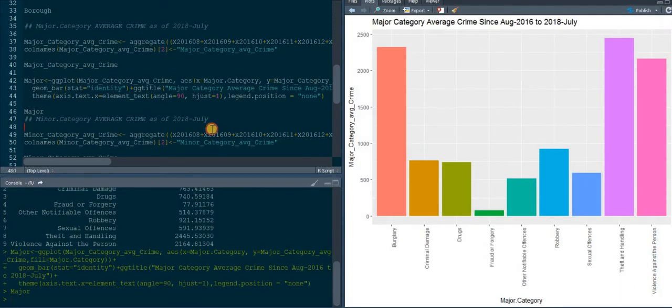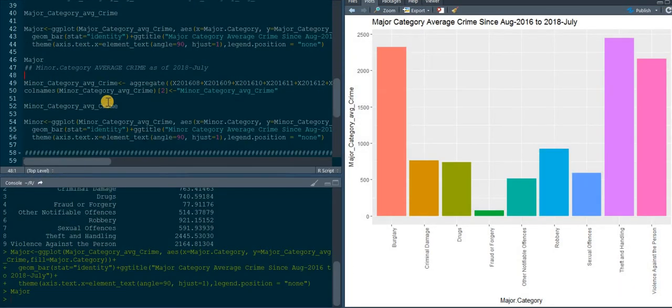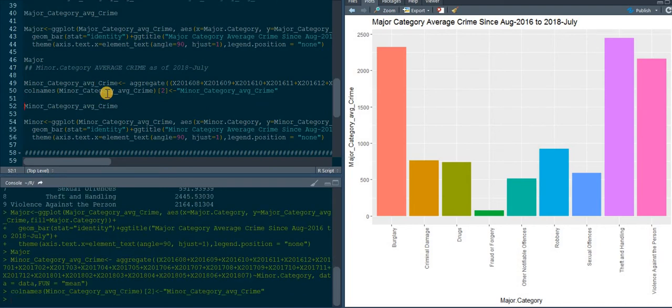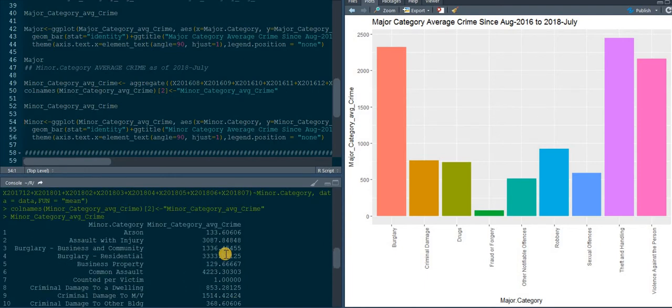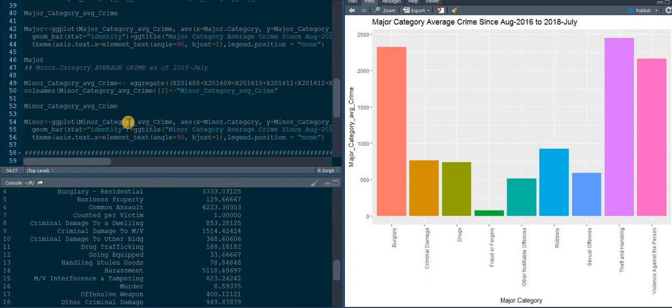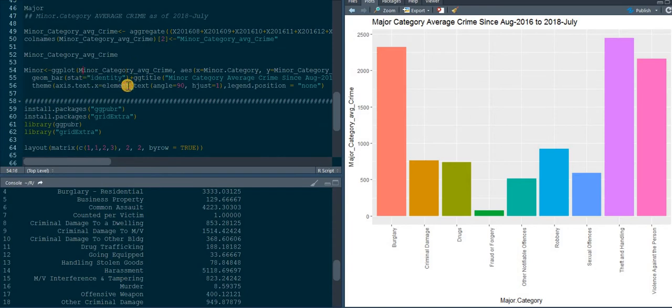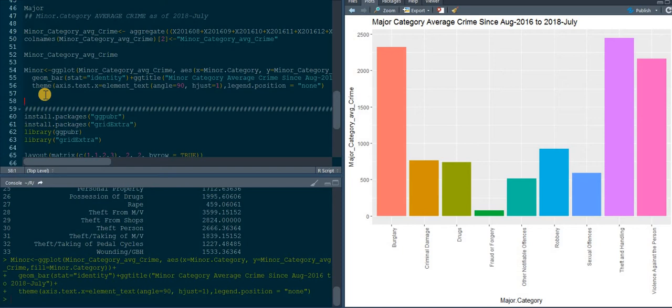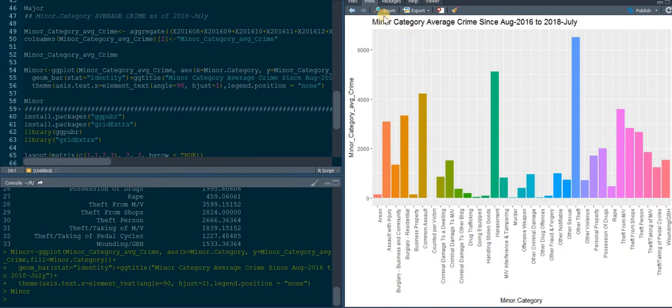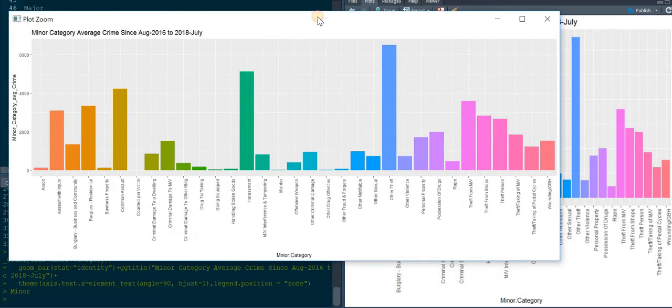So let's further drill down into the minor category, average crime. We've got quite a few minor category crimes. So let's plot that as minor, and let's expand it a bit.